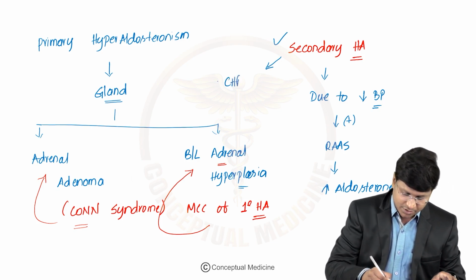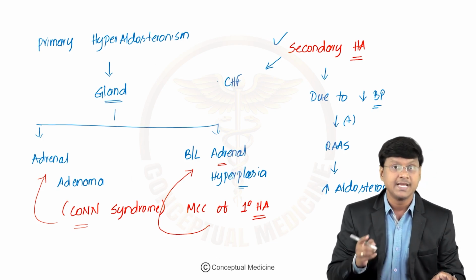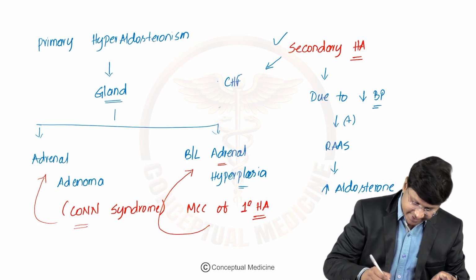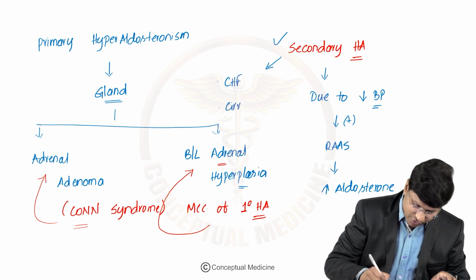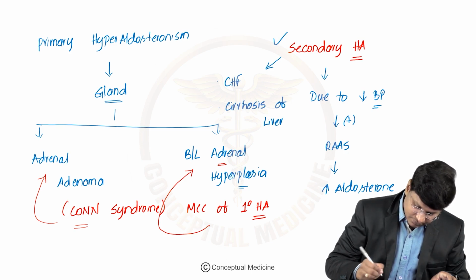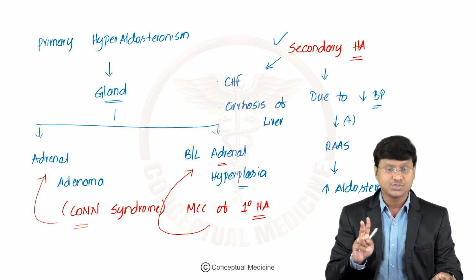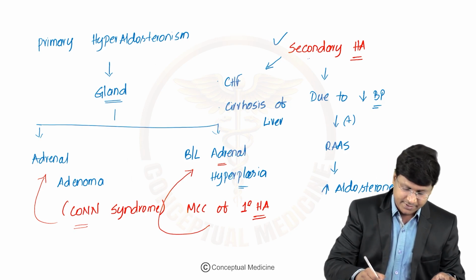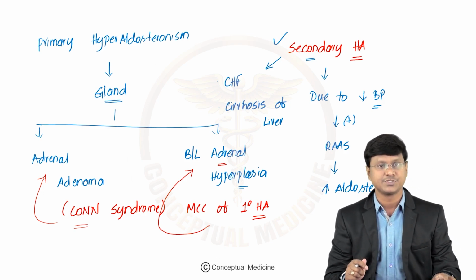And the other important cause is cirrhosis of liver. These two are the most common causes for secondary hyperaldosteronism.